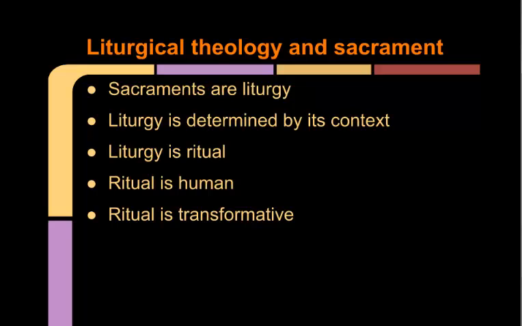Like, for example, suppose you had an extremely rich vestment that was being used in this Philadelphia poor church. It might be in that context that this vestment would be seen as frivolous or even offensive because of the poor people that are worshiping there.